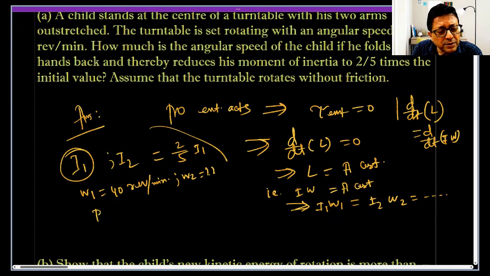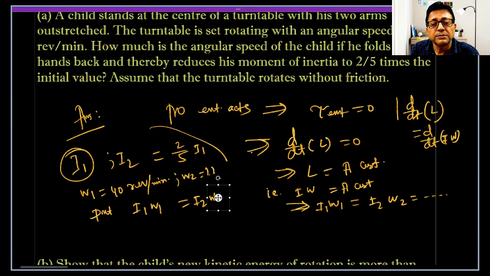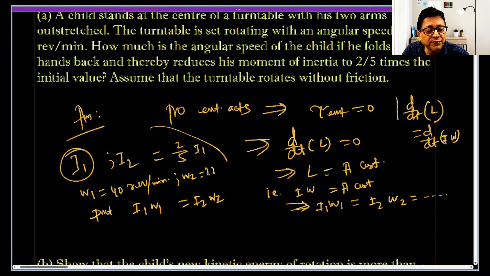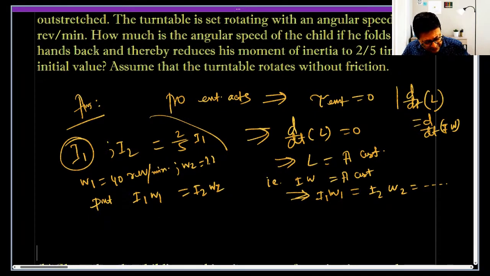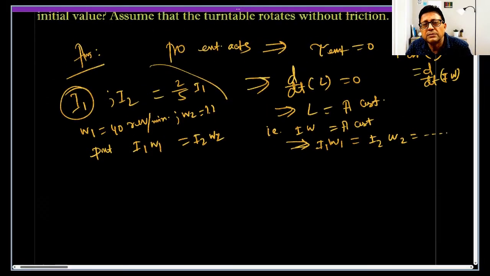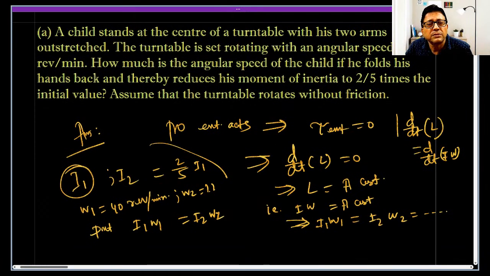Very simple. Just put I1 omega 1 equal to I2 omega 2. Just do it. By using this you can find it easily, and very fast. Okay?